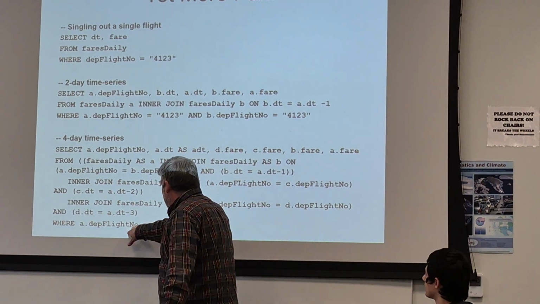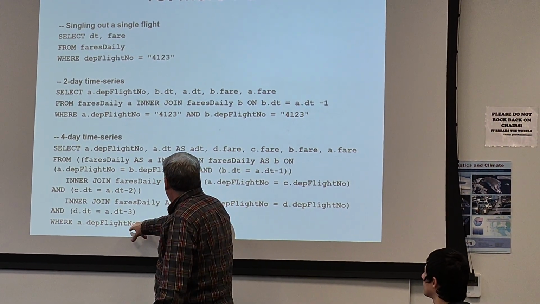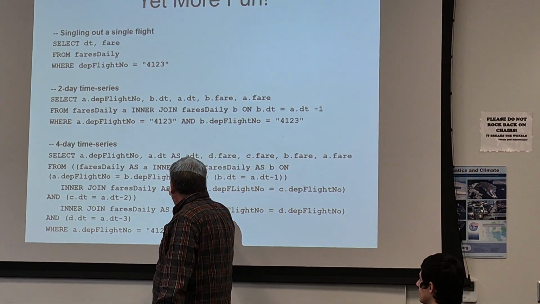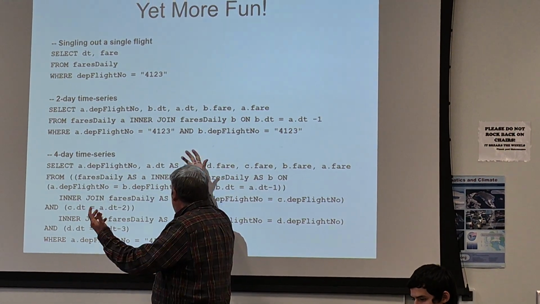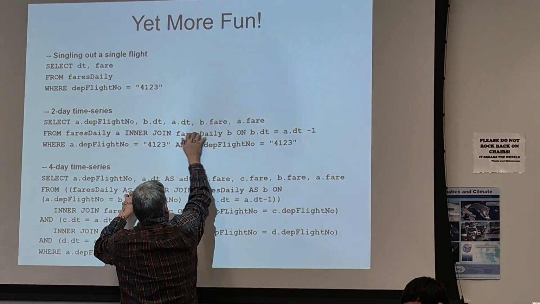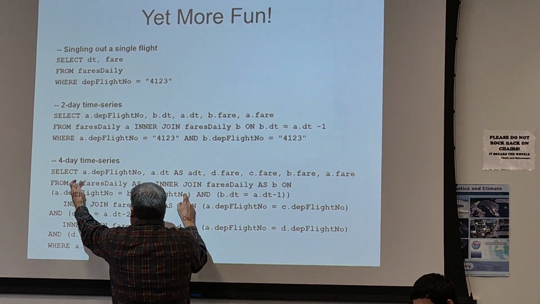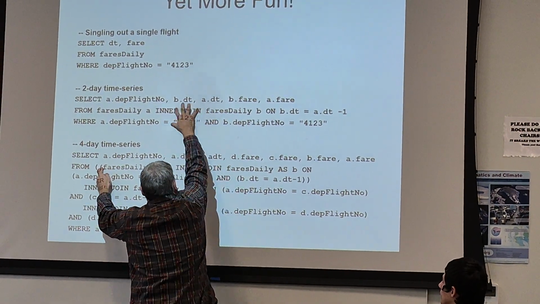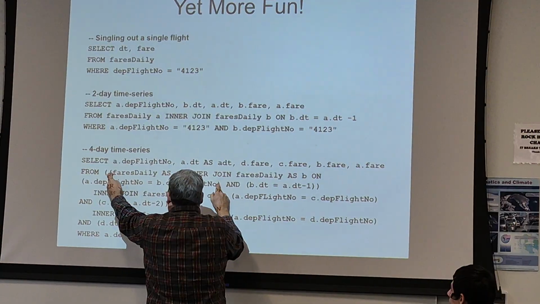And I'm only mentioning the flight number is 4123 down in the where clause. I suppose I could have added that in as an AND up here, but that would have made things kind of long. But anyway, I have slightly changed this, but this statement is basically doing the same thing that this entire statement is doing right here.